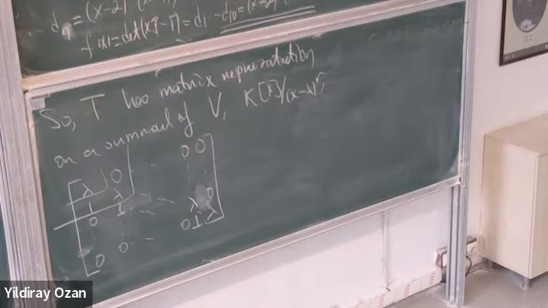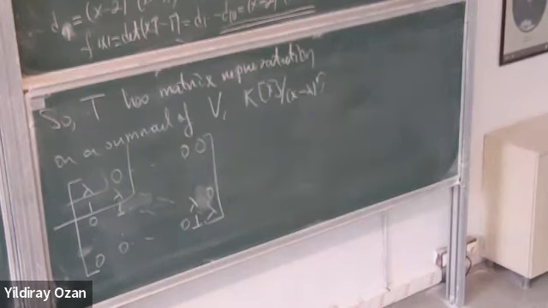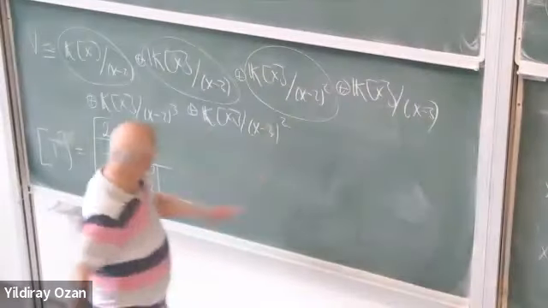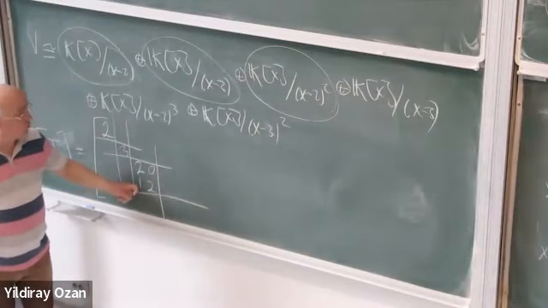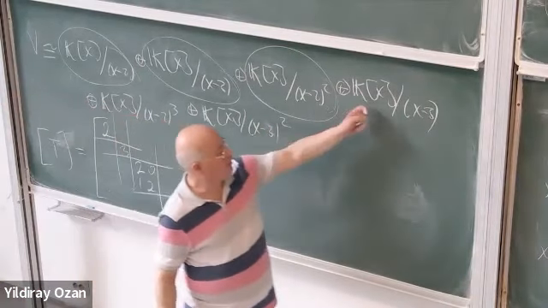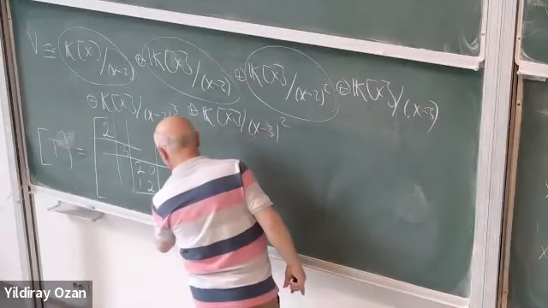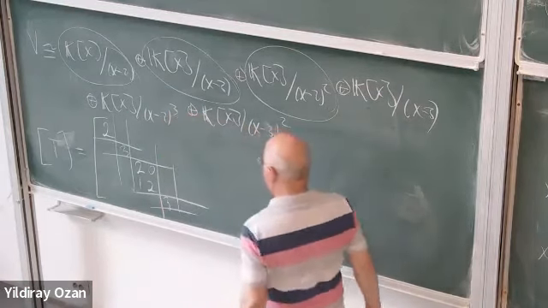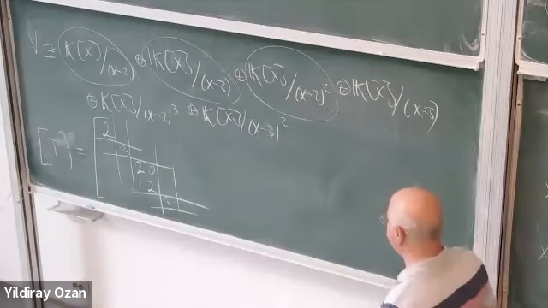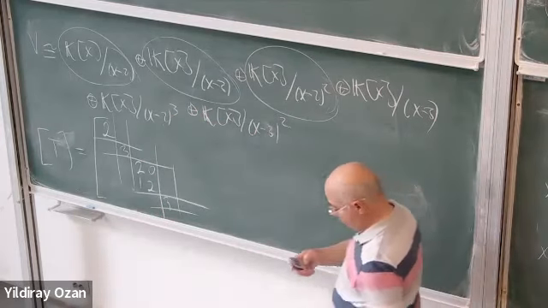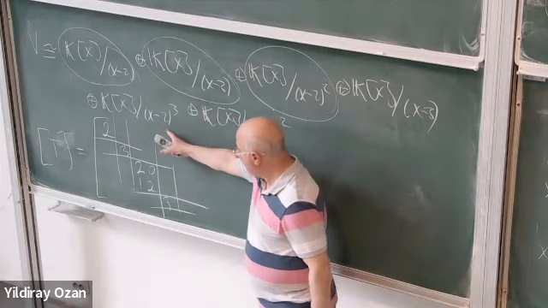Okay. And then I have another, so this one gives us a Jordan block of size 2, and then this one is a Jordan block of size 1. And it will continue like this. Another Jordan block of size 3.